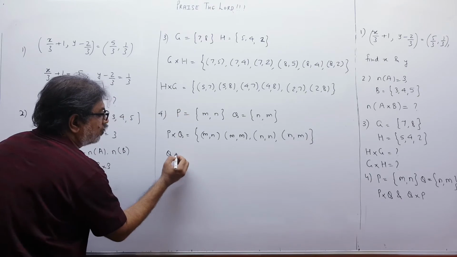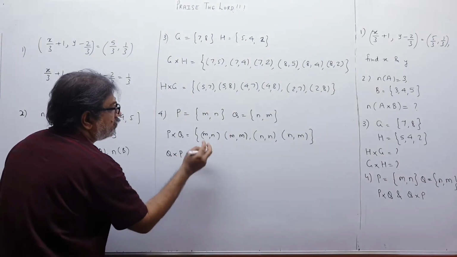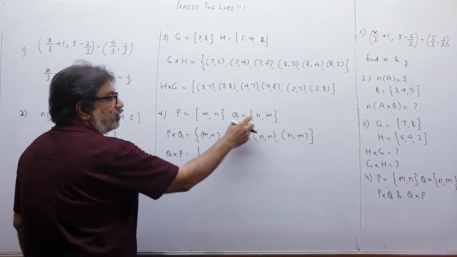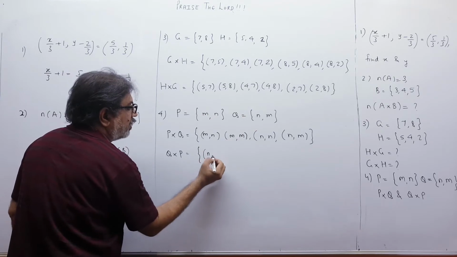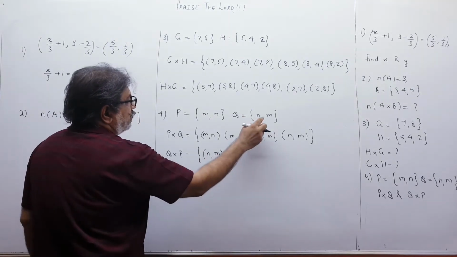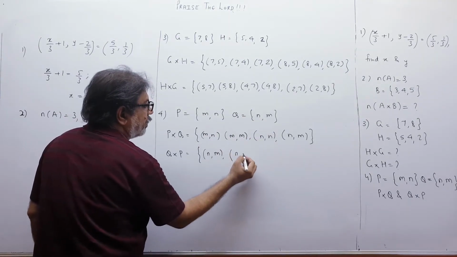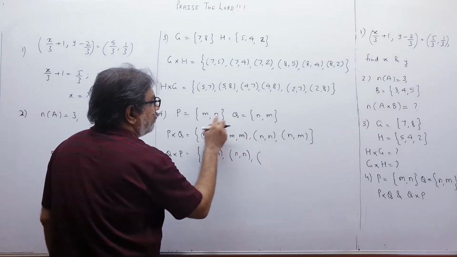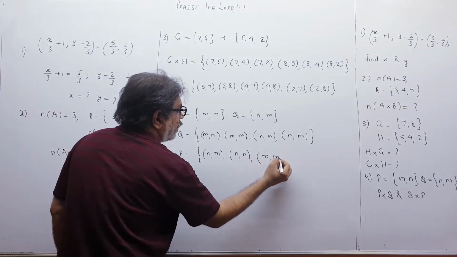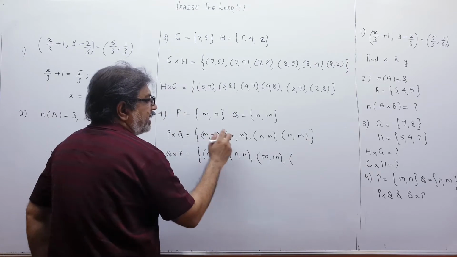If I talk of Q cross P, so first Q and then P. So (N, M), (N, N), (M, M), (M, N).